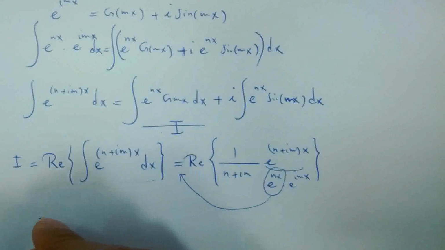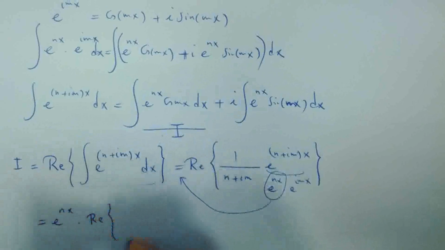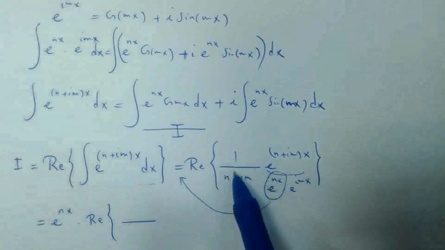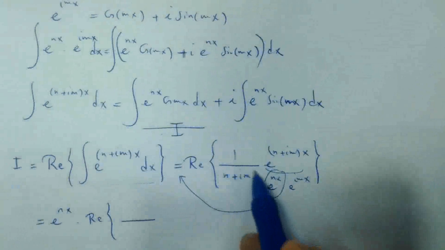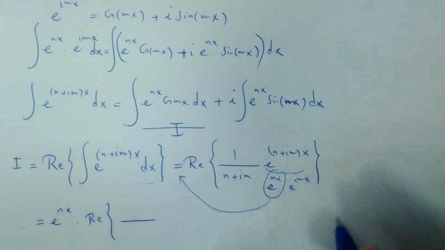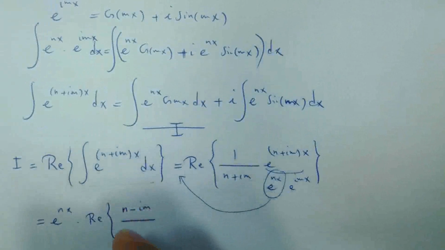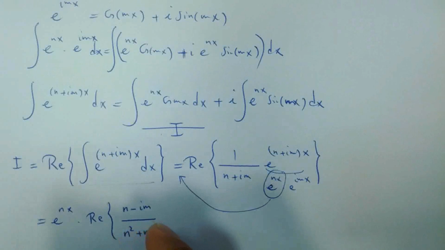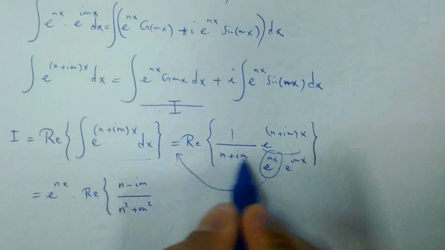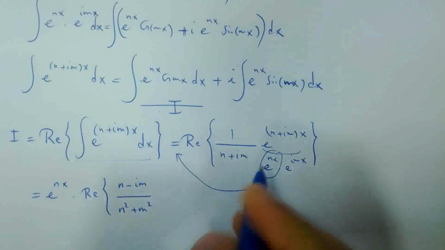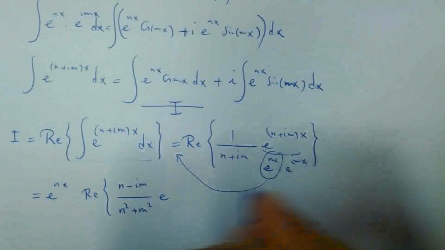This can be written as e to nx times the real part of, if I multiply 1 over n plus mi by the complex conjugate of n plus mi, which is n minus mi, I'll have the real part of (n minus im) over (n squared plus m squared), which is simply the norm of n plus im squared, times e to imx.